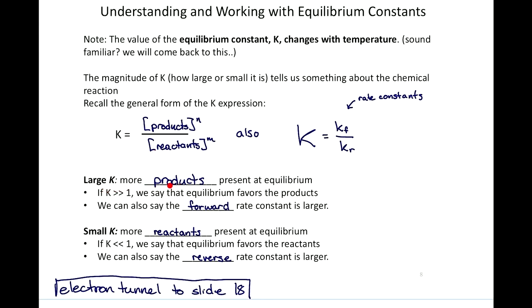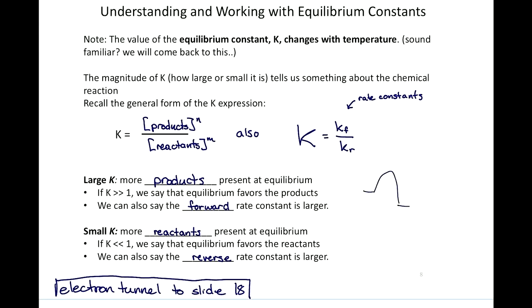And that's kind of the conclusion we can say. Where large K, more products are formed. We can also say that the forward rate constant is larger. Because we looked at this earlier, yes, the equilibrium constant represents the ratio of products over reactants, but it also tells us the ratio of rate constants, of the forward to the reverse rate constant, because this idea of equilibrium is based upon the idea that the forward rate is equal to the reverse rate for an elementary reaction.